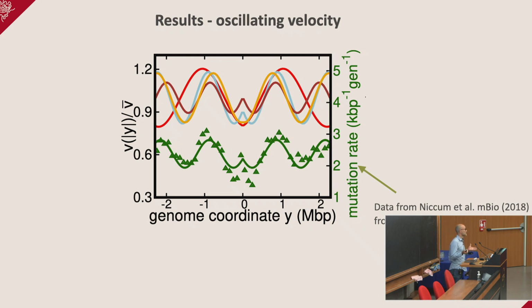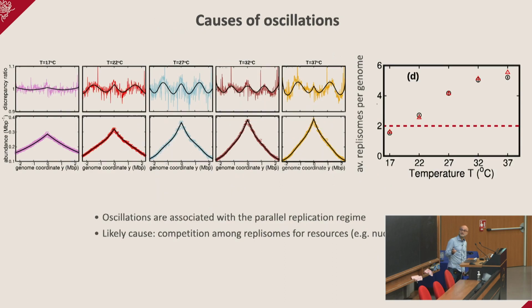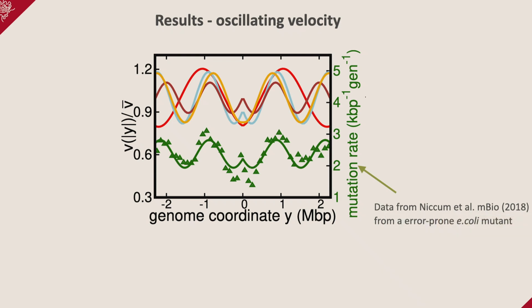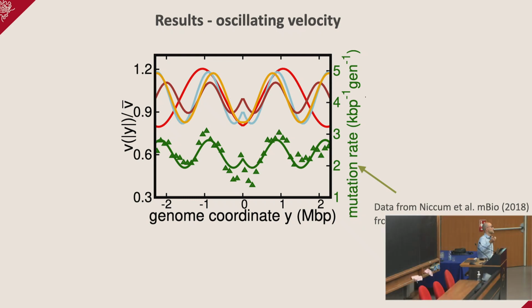It's not even the same strain. This is highly suggestive of a speed-error trade-off: in regions where replisomes travel at a faster velocity, they will also commit more mistakes, and as a consequence, the observed mutation rate is higher.